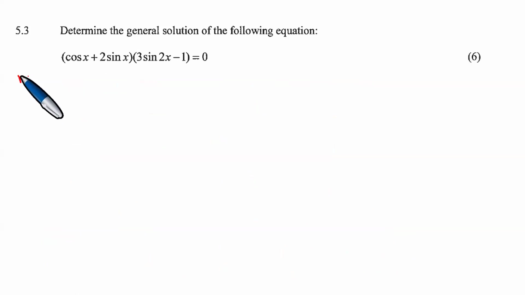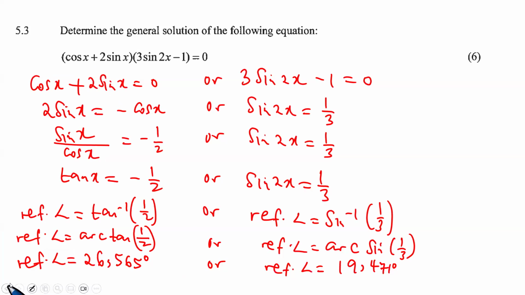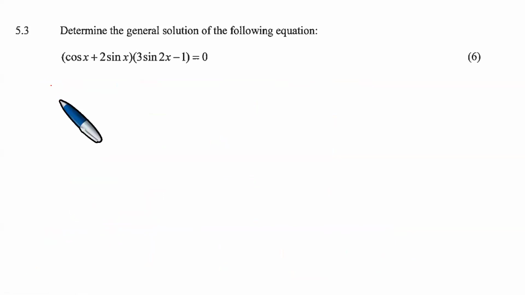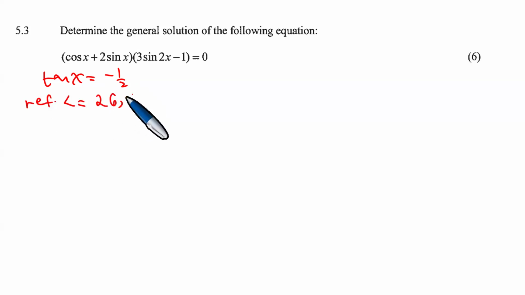We have the reference angle here, which equals 26. Now I want to first write a step that is very important for us. We need to recall that we had the tangent of x equals minus 1/2, which came down to the reference angle 26,565 degrees.